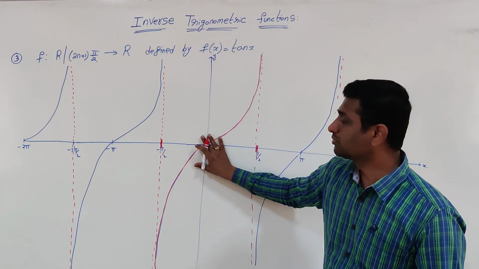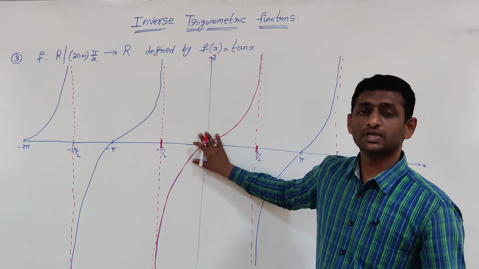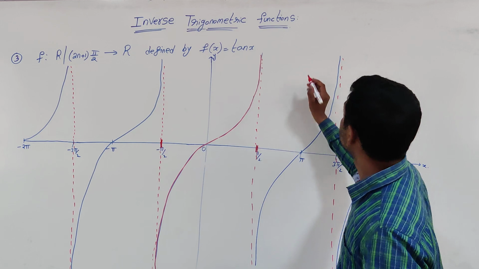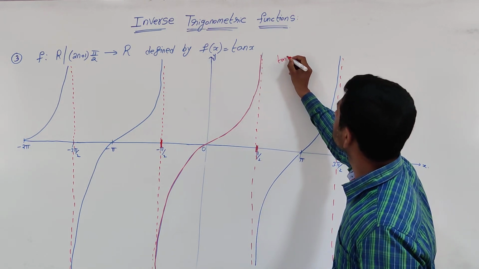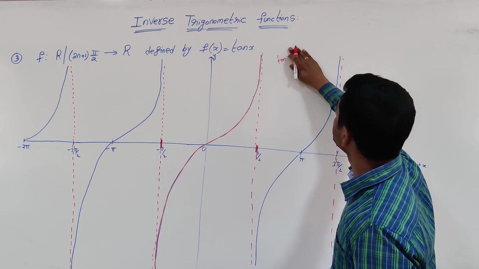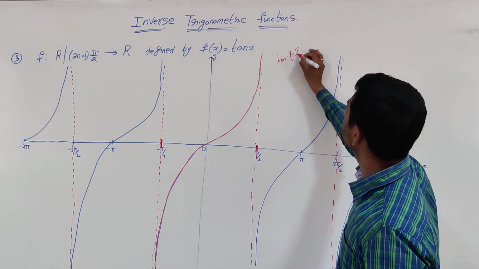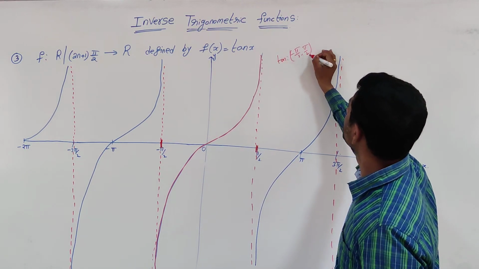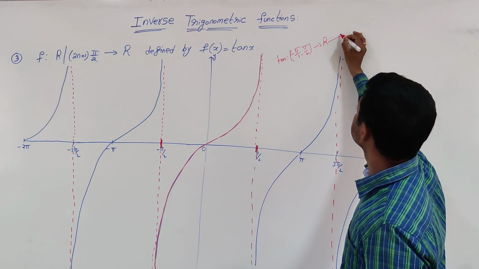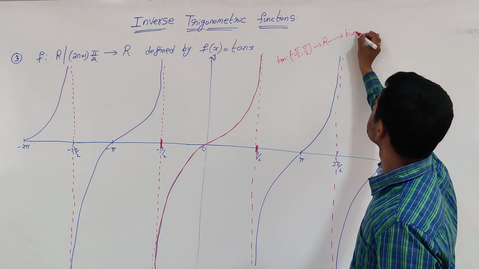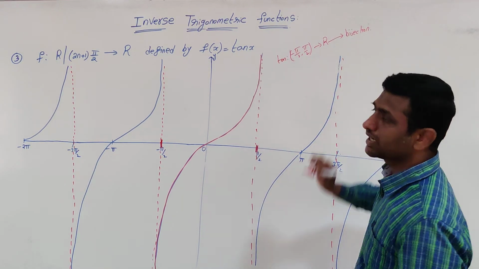Means if tan is a function from the open interval minus pi by 2 comma pi by 2 to R, then this becomes a bijection, as it is both one-one and onto.